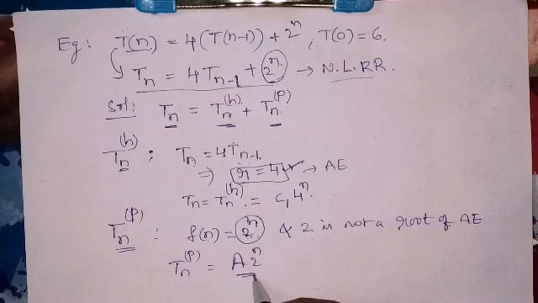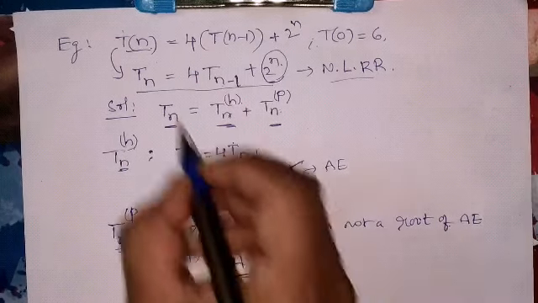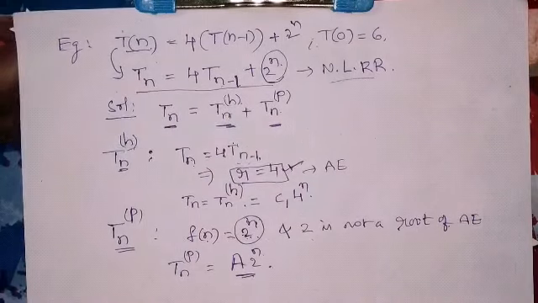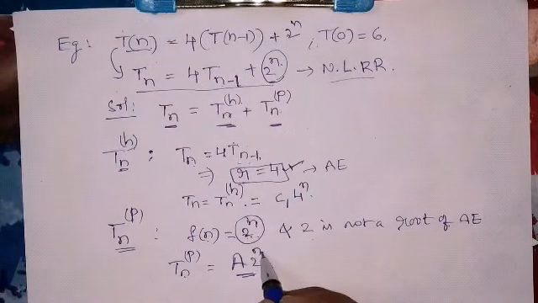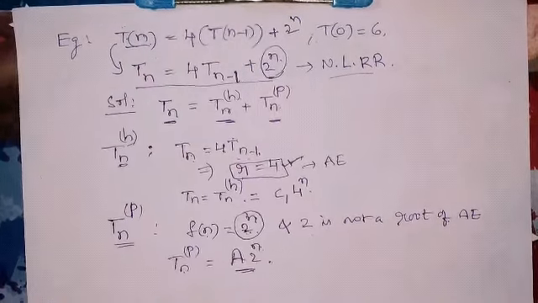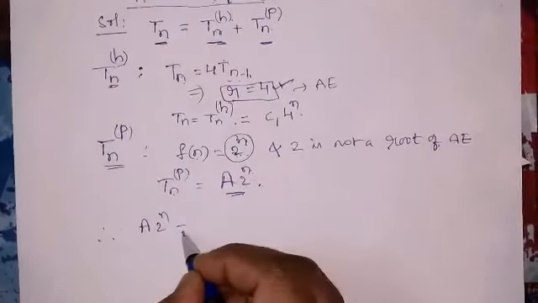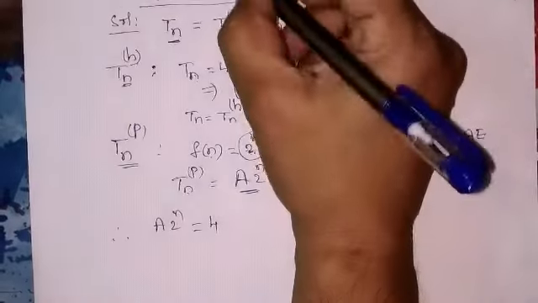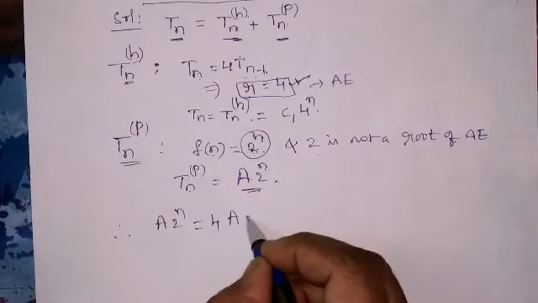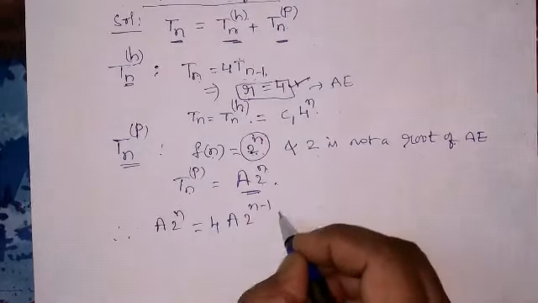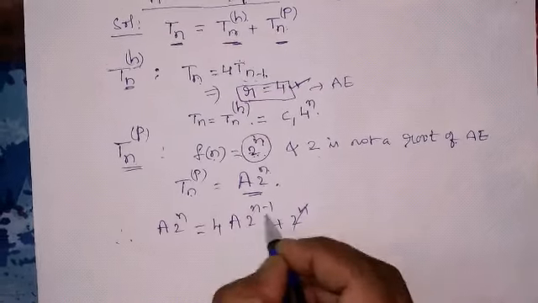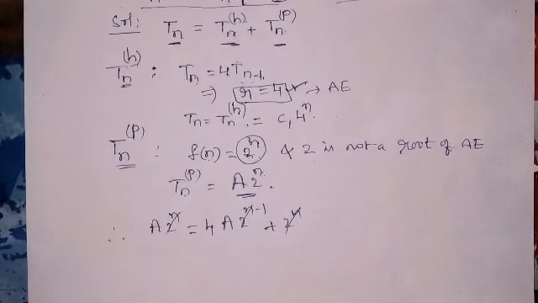With this assumption, this is now substituted in the given recurrence relation. So Tn is a into 2 power n. So the left-hand side is replaced by a into 2 power n is equal to 4 into Tn minus 1 is replaced by a into 2 power n minus 1 plus 2 power n. 2 power n is cancelled in each term on both sides.